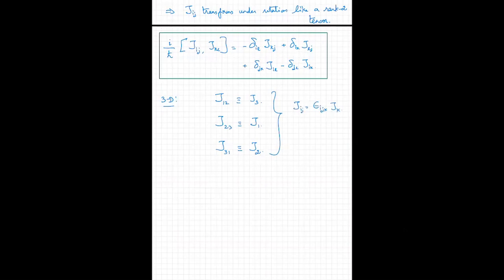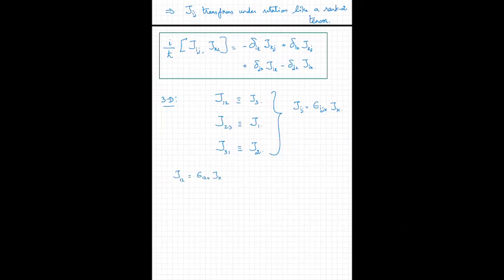Okay. If you don't believe me, let us evaluate this for a particular value of k. So let us talk about J3. J12 equals epsilon_12k J_k, right?